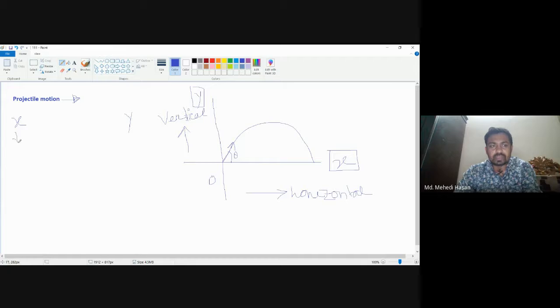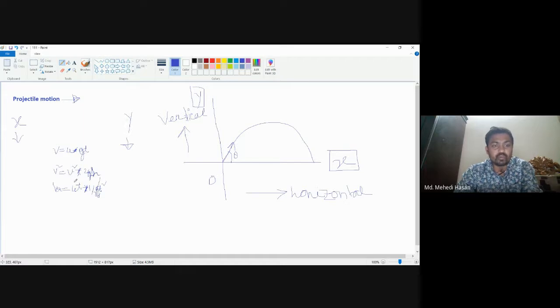So one set for x, one set for y. Our equations of motion were: first, v equal to u plus at; another, v square equal to u square plus 2as; and s equal to ut plus half at square. These equations will just be divided into two sets, one for x and one for y. In that case you can also write the equations: v equal to u minus gt, v square equal to u square minus 2gh, and h equal to ut minus half gt square.